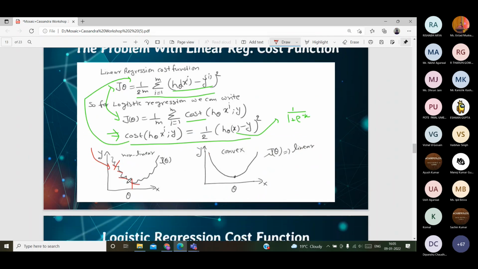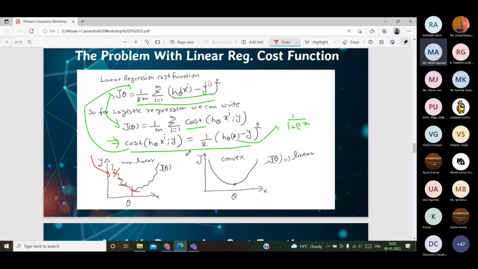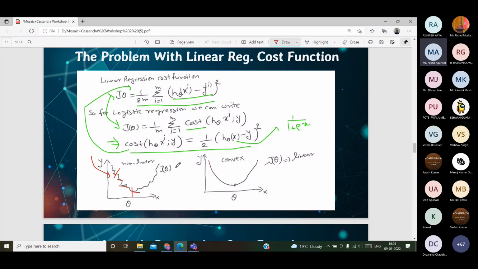So are you able to get this, why we cannot use the linear regression cost function? No, sir, I didn't get this. Why are we not getting this convex curve in this case? That is experimental: you will put it in and plot the graph, and you will get this type of curve.